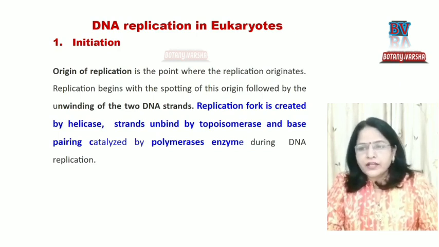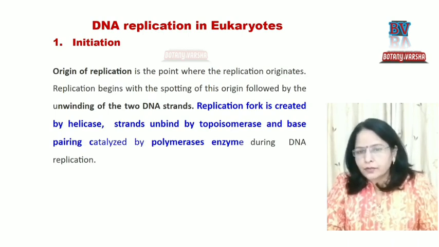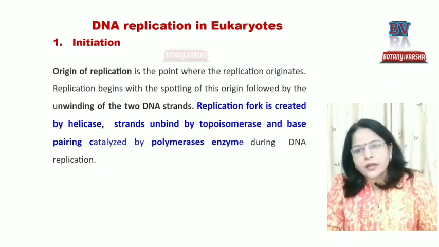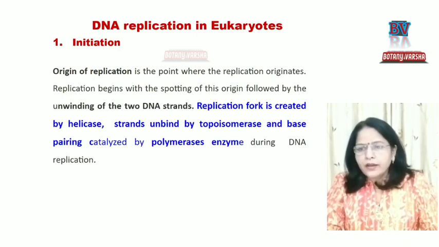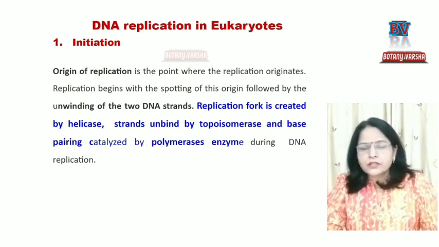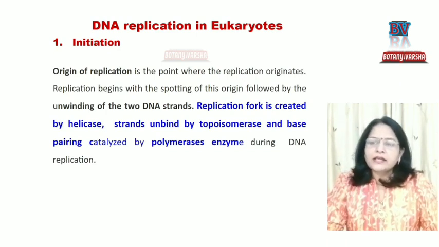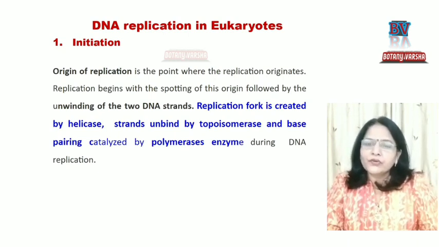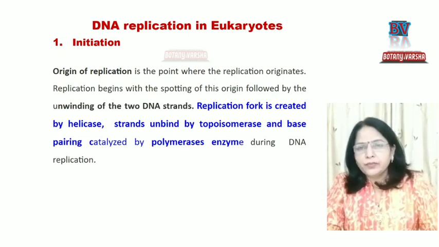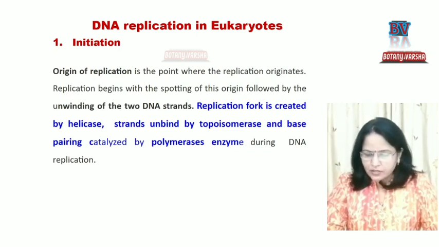Unzipping DNA strands in their entire length is unfeasible due to the high energy input. Hence, first a replication bubble or replication fork is created by helicase, by breaking the hydrogen bonds between the nitrogenous bases, and the strands unbind. Now topoisomerase releases stress and keeps DNA untangled. In this way, initiation starts in eukaryotes.